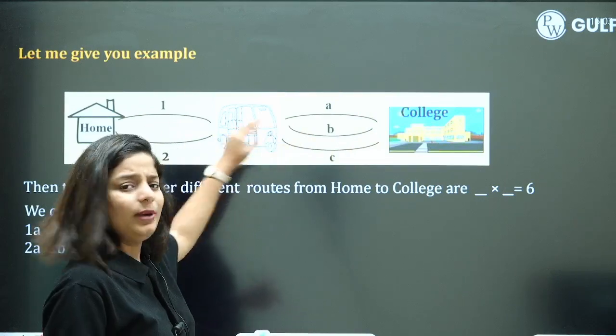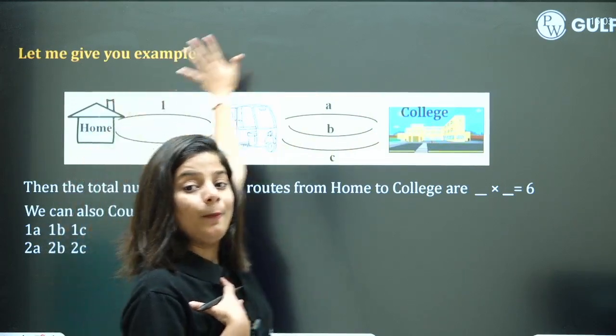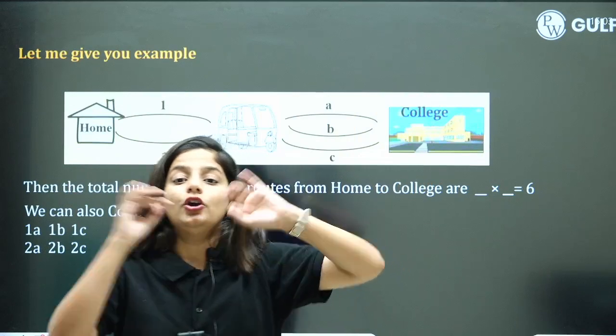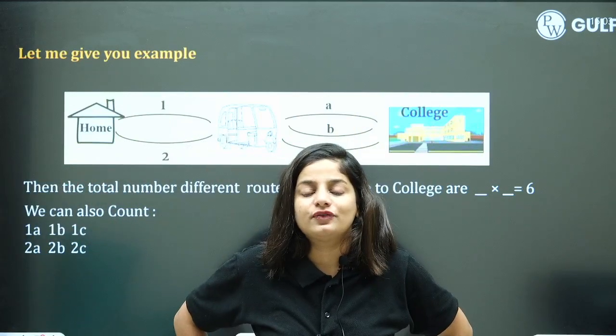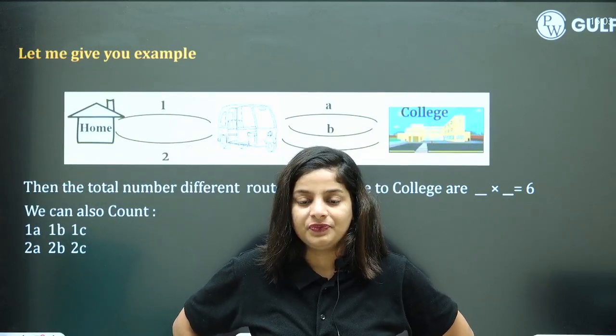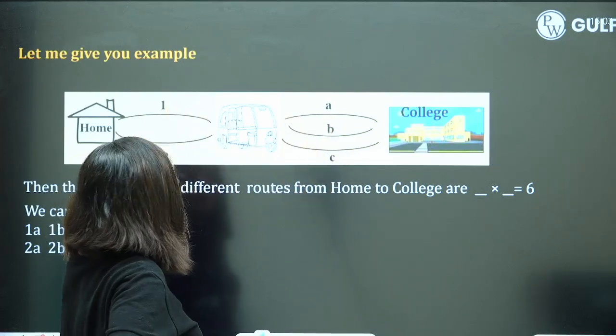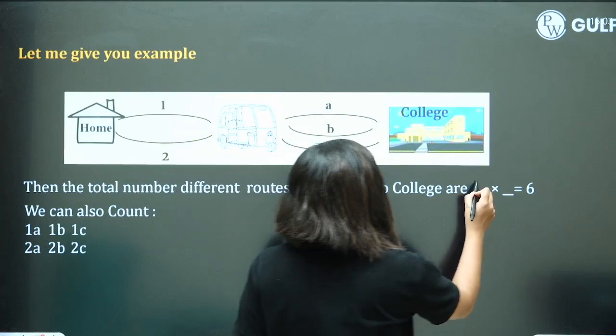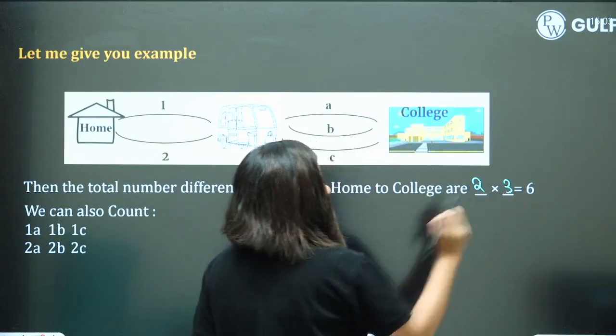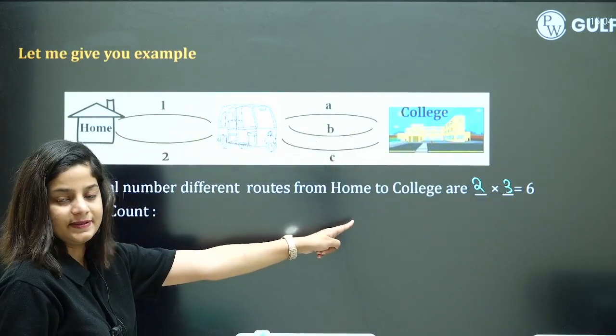In how many ways can I reach from home to college? Will we add them like 2 plus 3, 5, or multiply them? Of course, we are going to multiply them. 2 into 3, 6. These are the total number of ways.